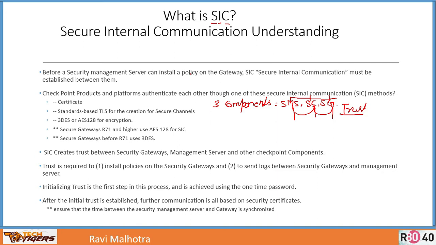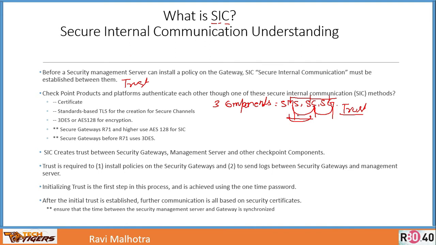Before a security management server can install a policy on the gateway, SIC must be established between them. SIC simply means trust. Checkpoint products and platforms authenticate each other through one of the secure internal communication methods. It's basically certificates. When a trust is established between them, certificates get exchanged. We know that these certificates have a set of private and public keys, right?